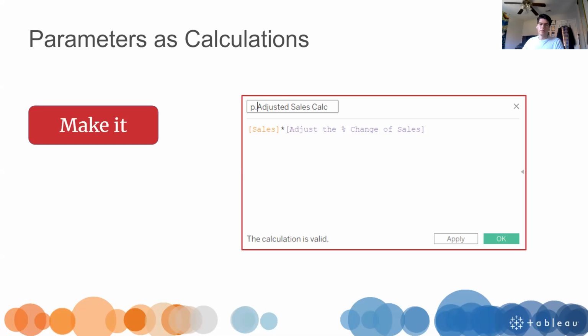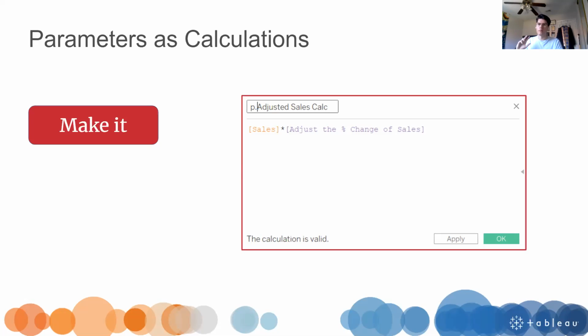So in best practices for using parameters, you add the prefix of p dot to indicate that there is a parameter within the calculation. So I named it p dot adjusted sales calculation. And so we're going to be having our measure of sales and multiply that by our function or our parameter.